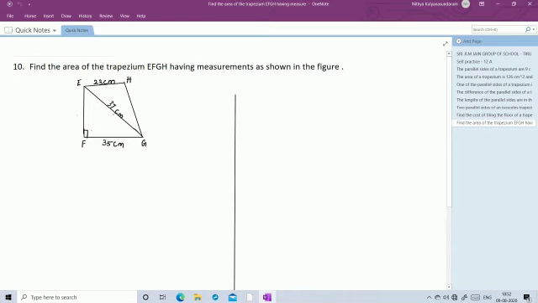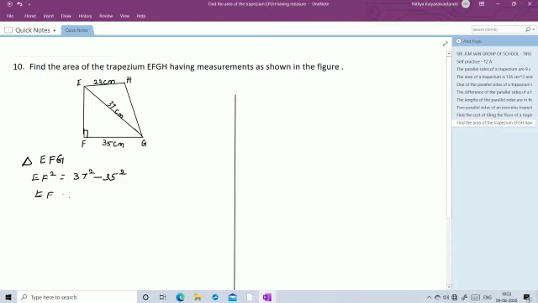This trapezium is divided into two triangles. This is the height. So let's take triangle EFG and use Pythagoras theorem. First calculate height. So EF square is equal to 37 square minus 35 square.